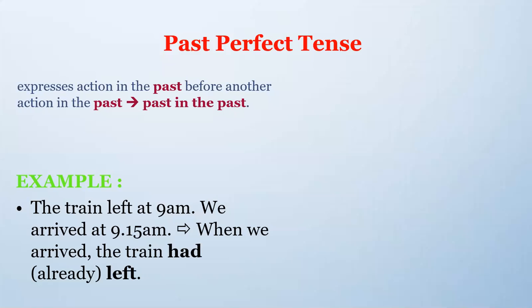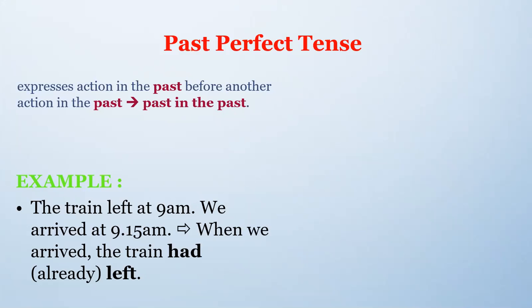So, what happened then? When we arrived yesterday, the train had left, because you arrived at 9:15 and the train is supposed to leave every day at 9 a.m. So you missed your train. You can say, when we arrived, the train had left, or had already left.